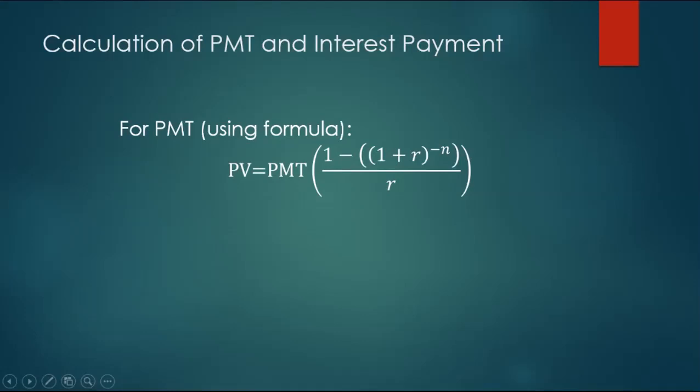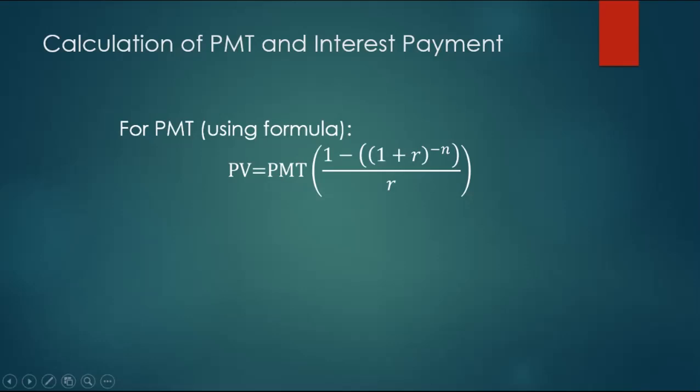And the second one, since this formula is the ordinary annuity formula, as we noted already, there is no information in the question that the payment is being done at the beginning of the period or at the end of the period. Therefore, by default, it will be considered as ordinary annuity.